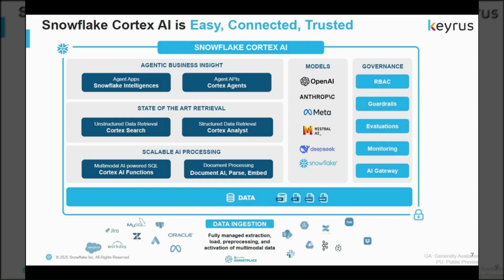Cortex Analyst is more so for your structured tabular data, whereas Cortex Search is more so for your unstructured data. And you can attach a Cortex Analyst and a Cortex Search tool or function to your Cortex agent. Your Cortex agent is basically the main way in which you talk to your data on Snowflake. So you have a Cortex agent, and that Cortex agent would sit on your platform like Snowflake Intelligence.